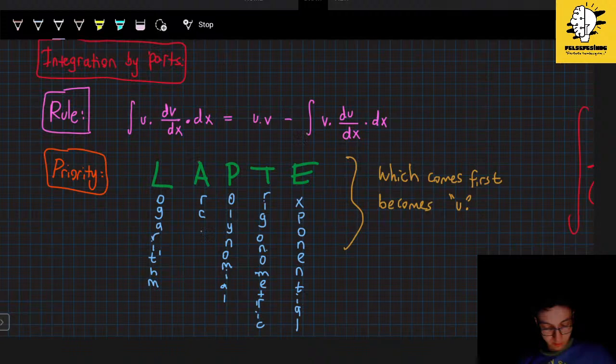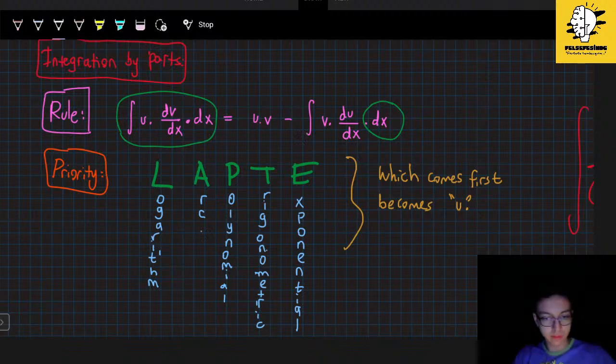The given function on the left-hand side equals u times v minus the integral of v times du over dx, dx, and it means we are integrating with respect to x.